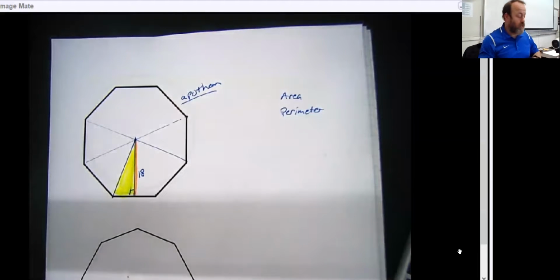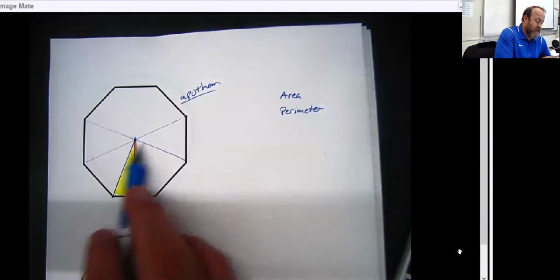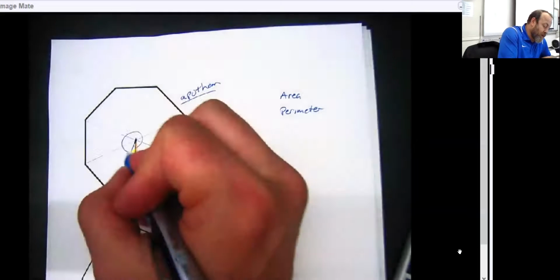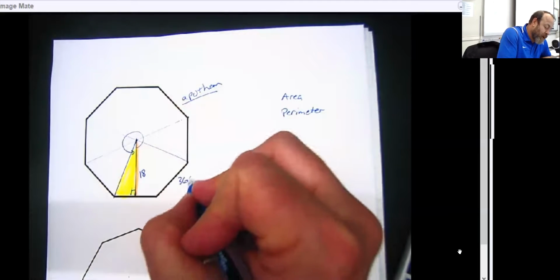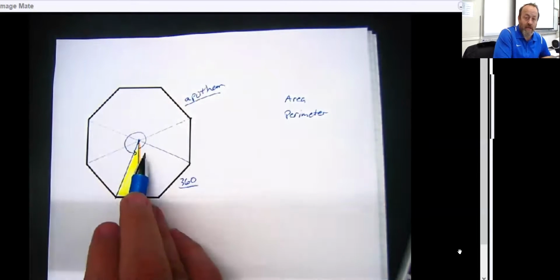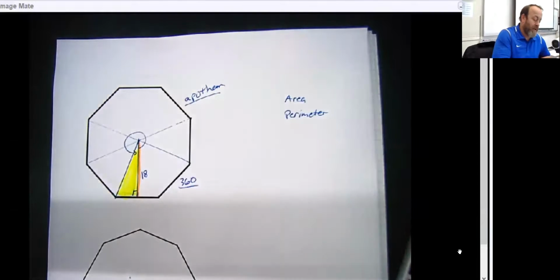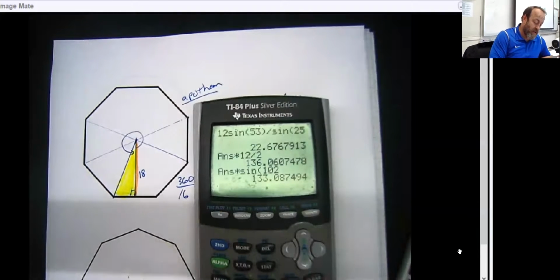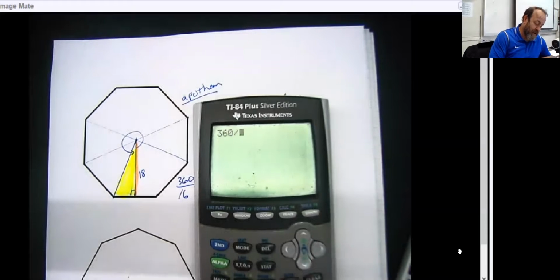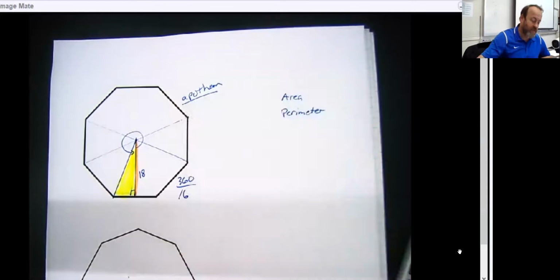So to start with, I'm going to think about this as 360 degrees coming around, and I'm going to divide it by 8 because it's an octagon, but I'm also going to divide it by 2, for a total of 16. So 360 degrees divided by 16 is 22.5 degrees.